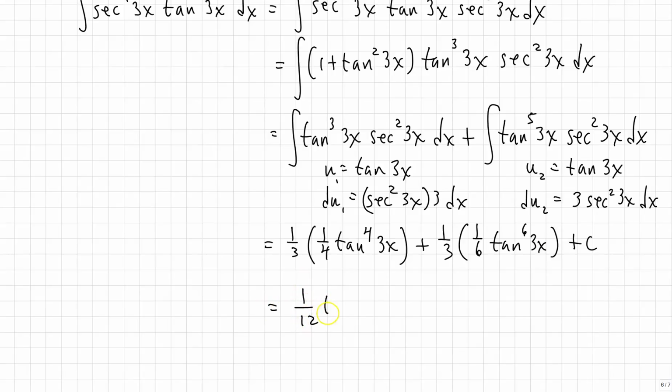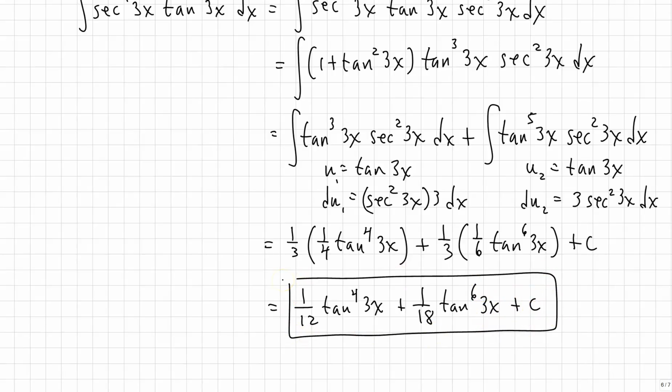We'll have 1/12 tangent to the 4th plus 1/18 tangent to the 6th. So this time we made sure that we had a secant squared available if we let u be tangent.